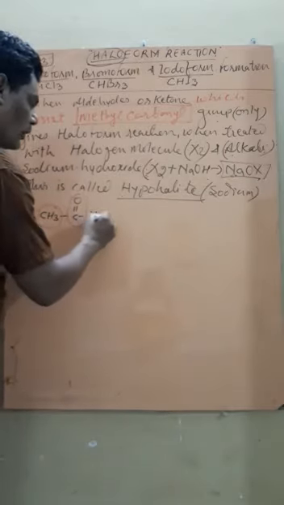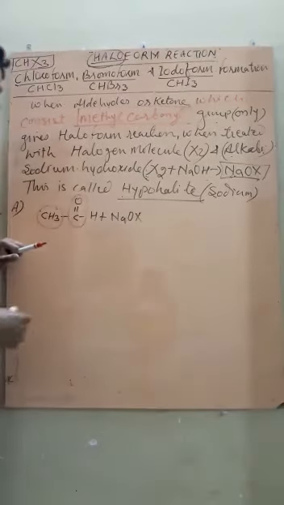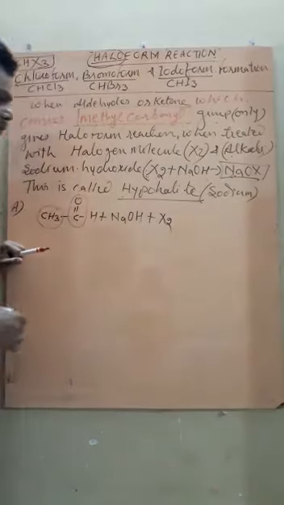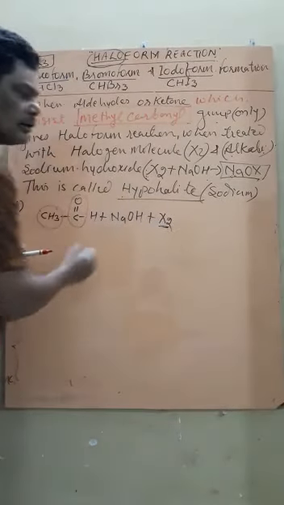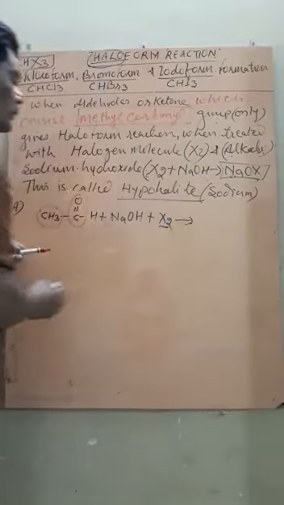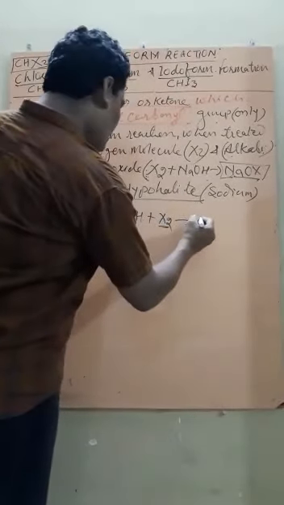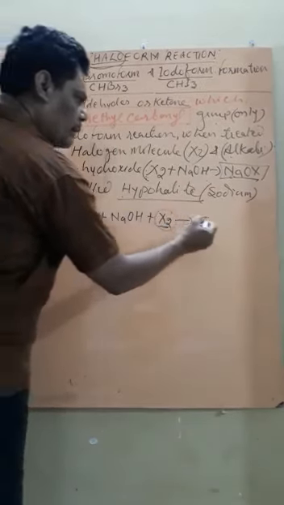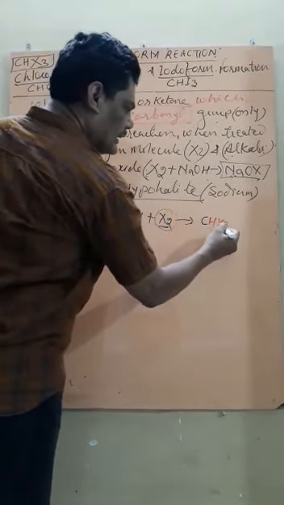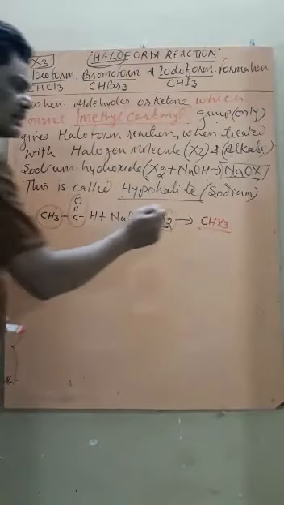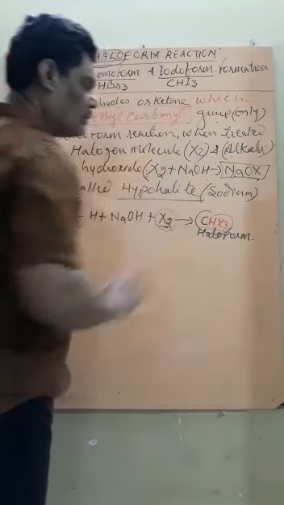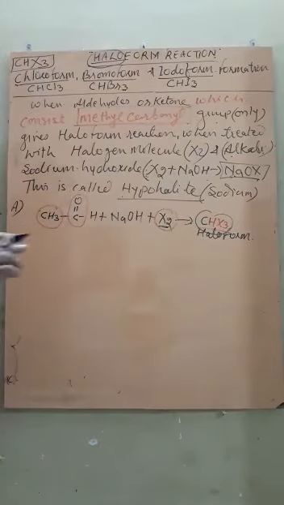So this compound on reaction with NaOX, or you can write NaOH plus X2, the halogen molecule, forms first CHX3. This is called haloform.